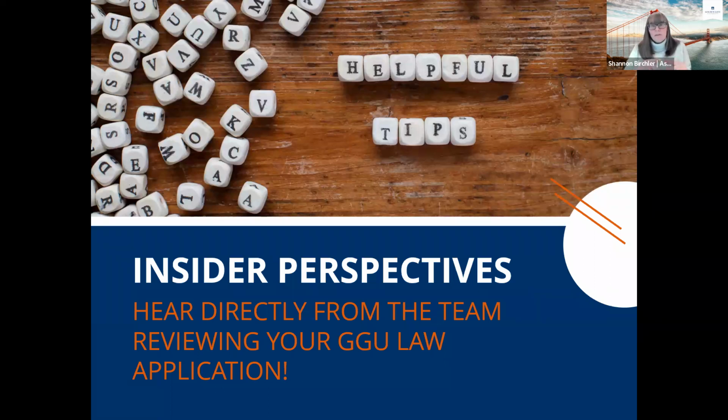And for the format of the JD Flex program, as I said, it's a hybrid program. What that means is 8 weekends per semester in fall semester and spring semester, you are required to be in San Francisco on the GGU campus, and your coursework is delivered in person, and you are able to build that network of support in person with your classmates and colleagues in the Flex program.